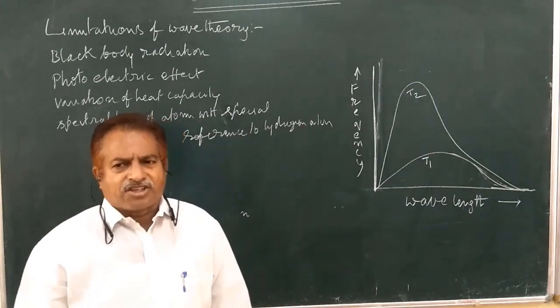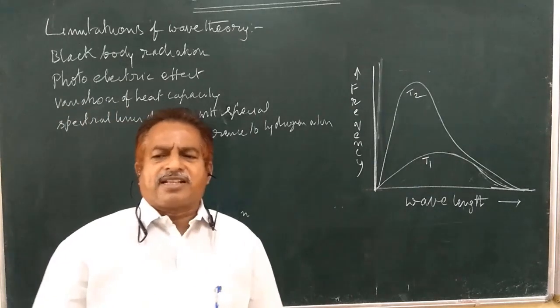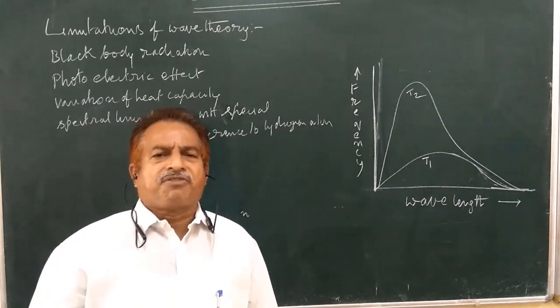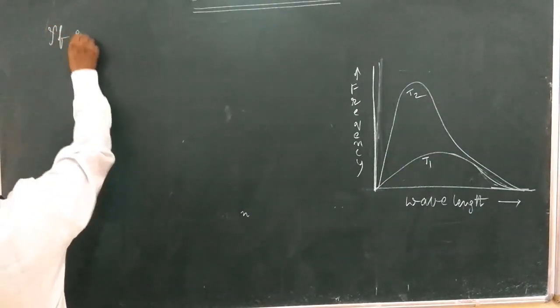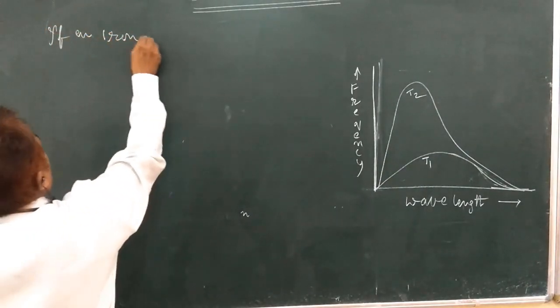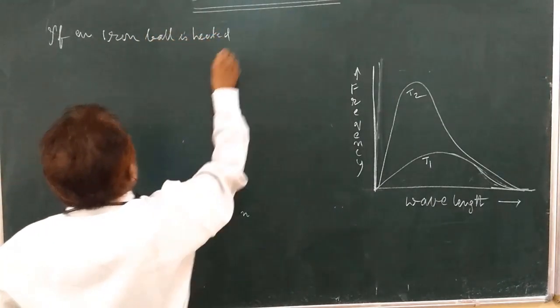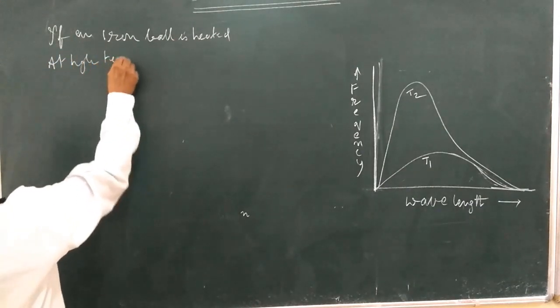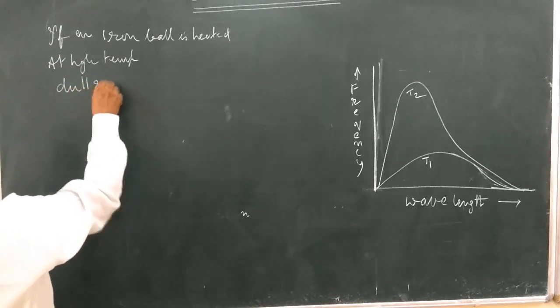At high temperature, the radiation is in the visible region of the spectrum. As the temperature increases, most of the radiation generated is of short wavelength. If an iron ball is heated at high temperature, it reaches dull red.